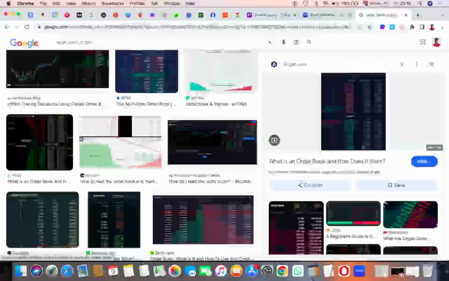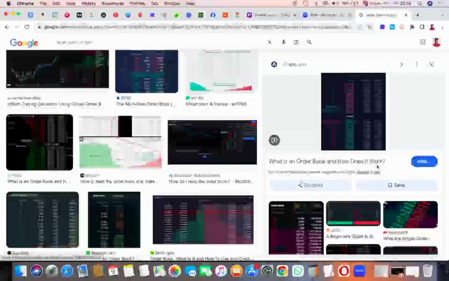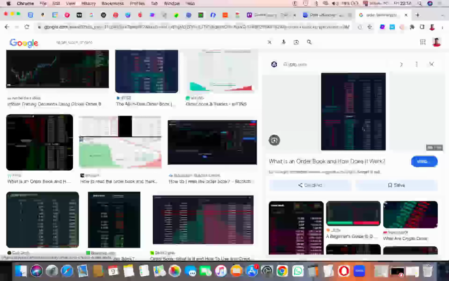In some order books, depending on how you put your settings, but with the default settings, these are the data that you actually get. And at times when you place your order, you would see your order actually filling, and it also shows on your screen when you are placing the orders.